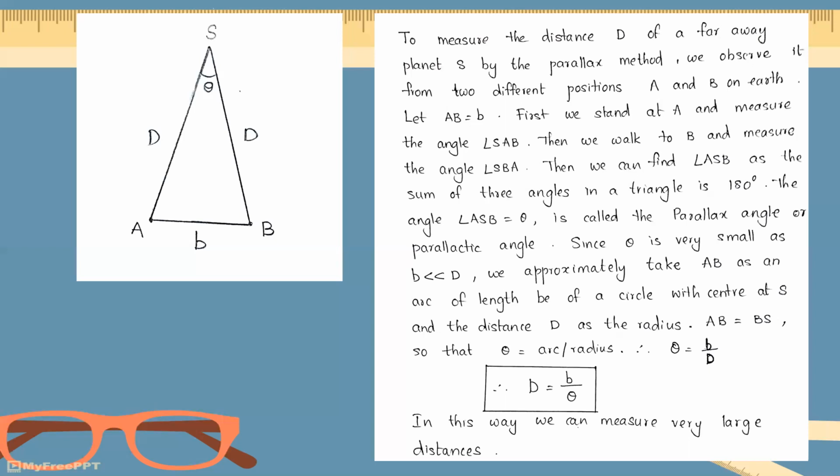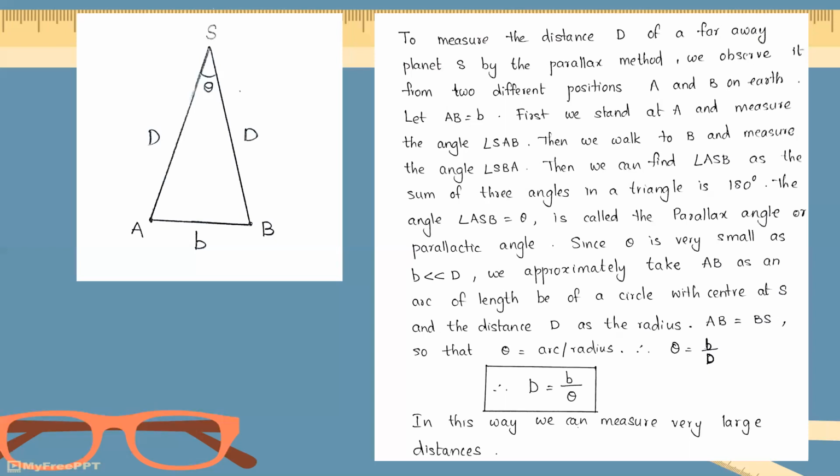Then what will be the center of the circle? The center of the circle is at S. Now we know from mathematics, angle is equal to arc by radius. In this, we can assume S is the center of a circle, and SA is one radius, SB is another radius. Both are of the same length, capital D.